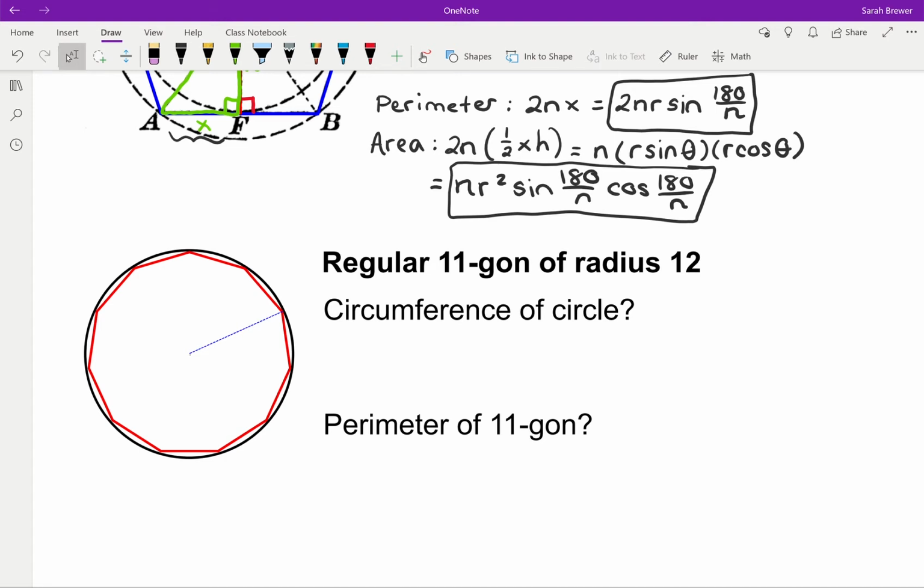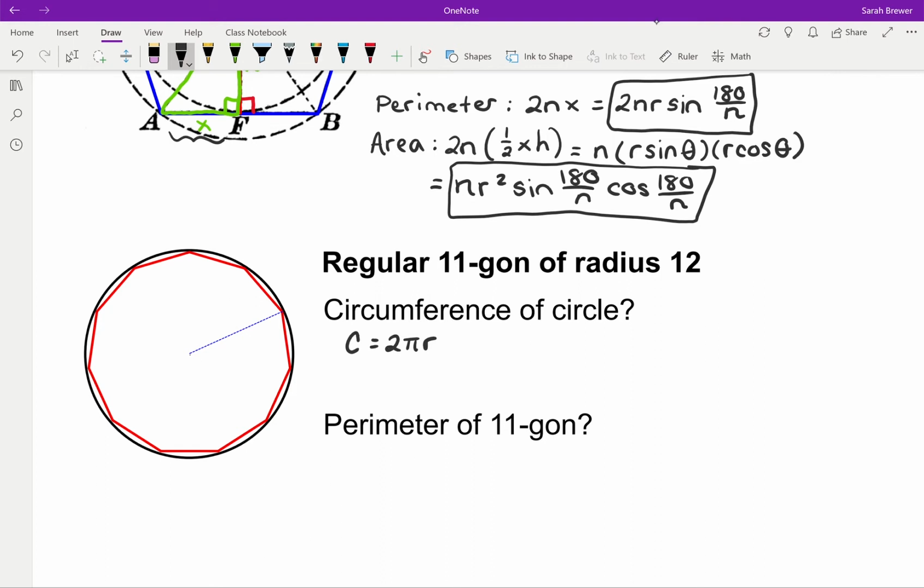And it's by inscribing polygons in a circle that we were actually able to compute pi for the first time. So hopefully we remember that the circumference of a circle is 2 pi r. Right, so twice the radius times pi, or the diameter times pi.